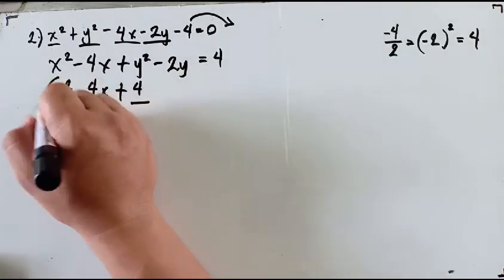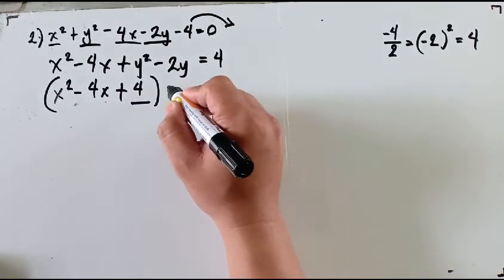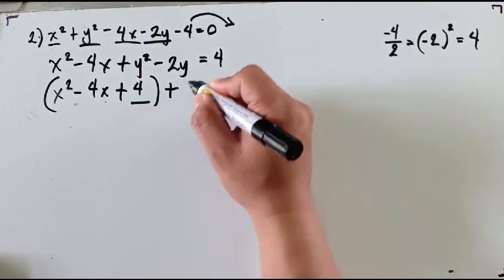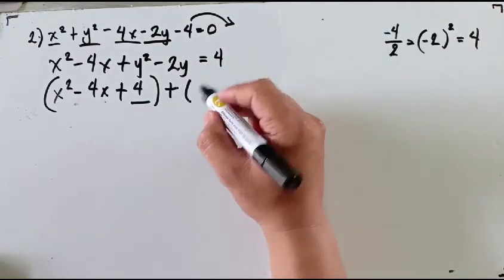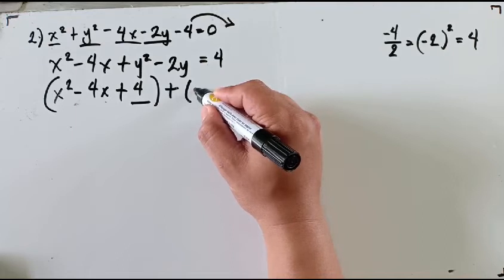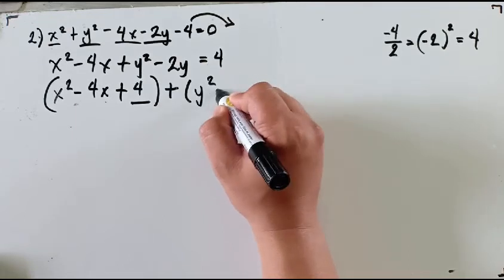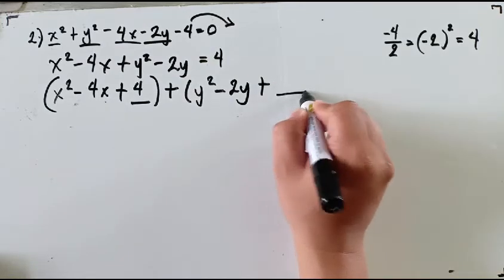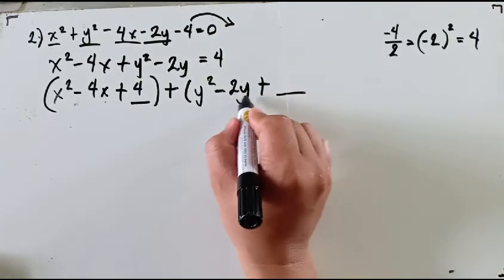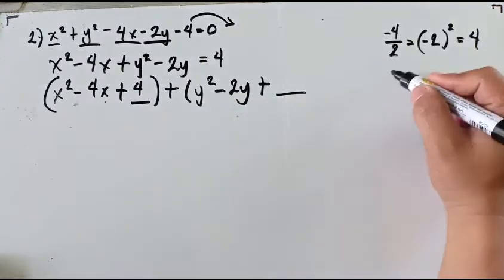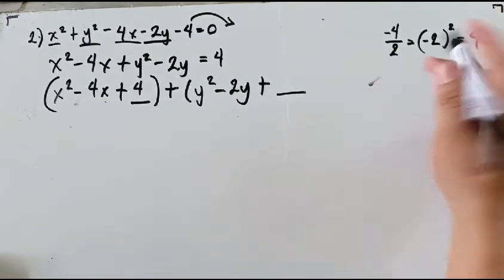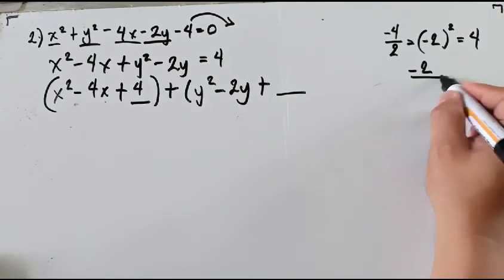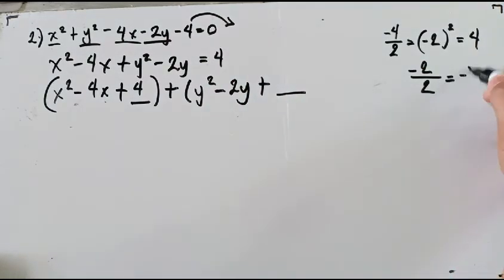In the same manner for the y variable, we have y squared minus 2y plus the square of half of negative 2. Half is negative 1.